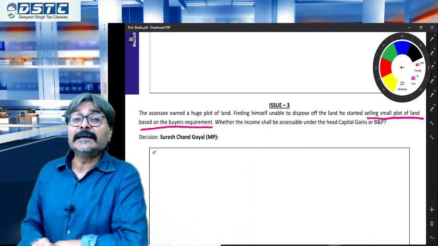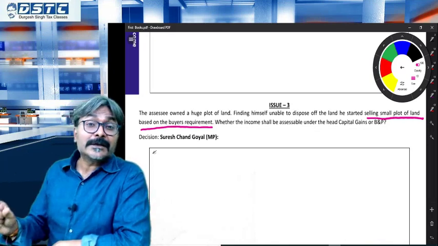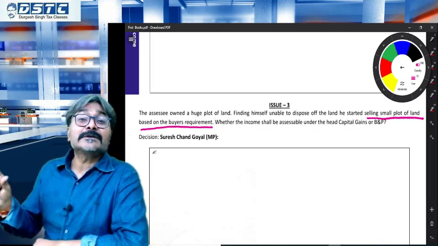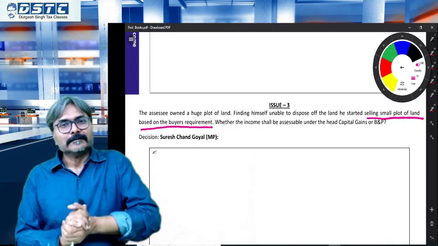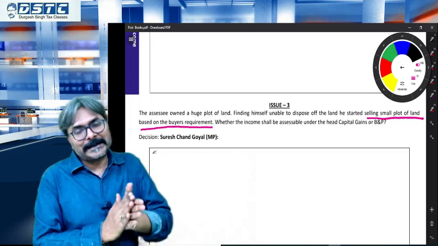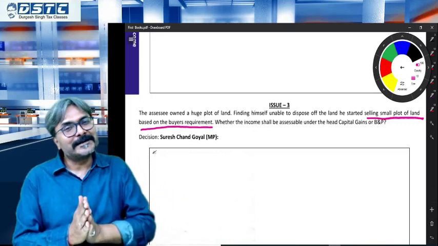Accordingly, the income arising on such sale will be charged under which head? Not under the head PGBP. Therefore the income will be charged under the head capital gains.